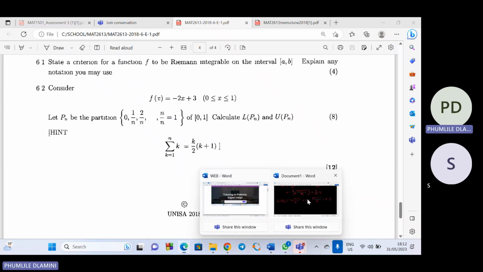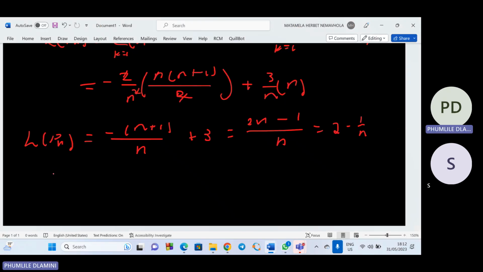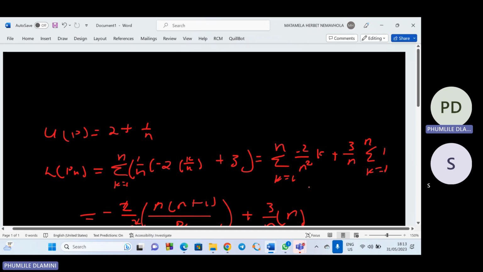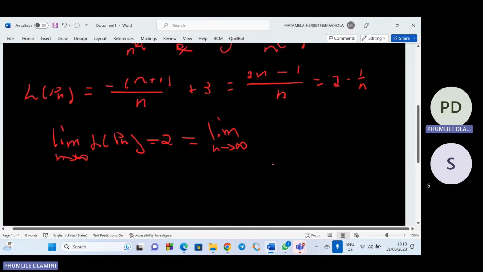When we take it further, we can show that the limit as n approaches infinity of L of Pn is equal to 2, which is equal to the limit as n approaches infinity of U of Pn, where we got 2 plus 1 over n, which is still going to be 2.